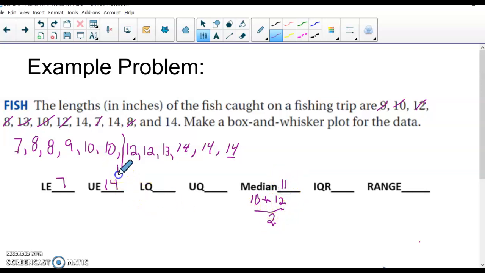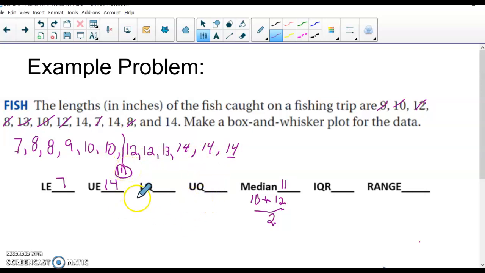So our median is 11, and I'm going to circle that. The 10 falls in the lower half of the data, and the 12 falls in the upper half, and our median is right here on our line. It falls nowhere in the data.